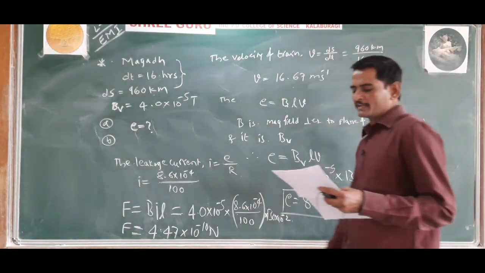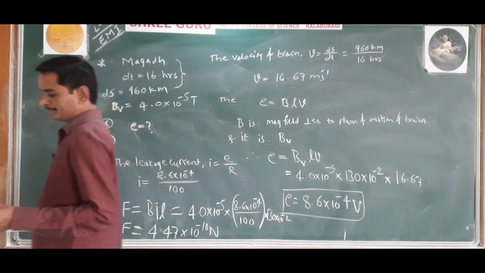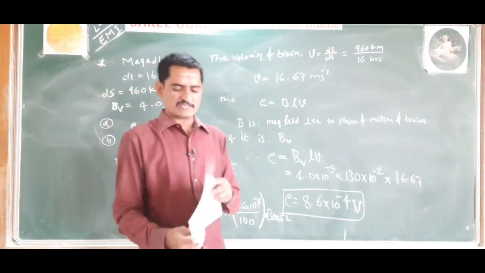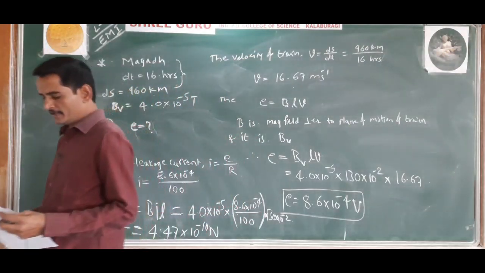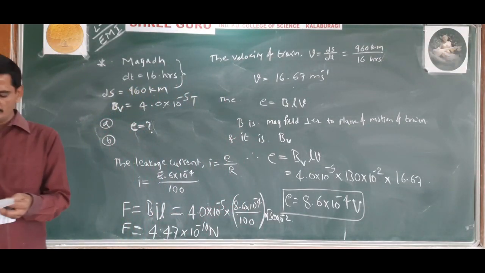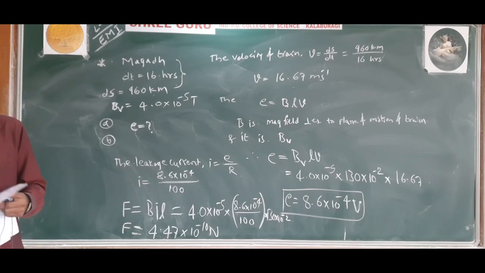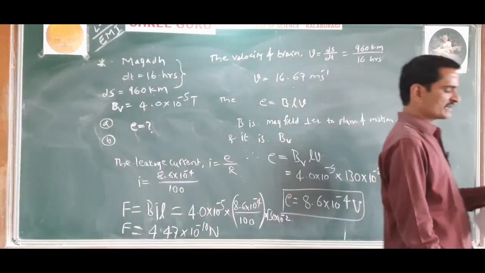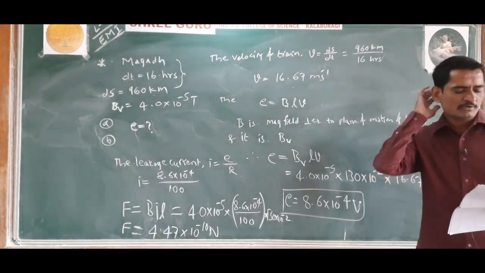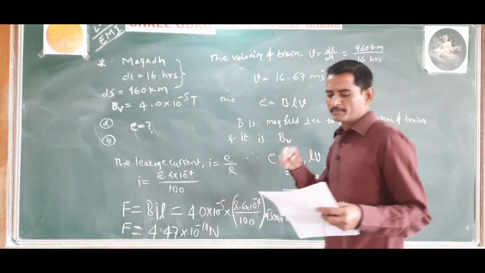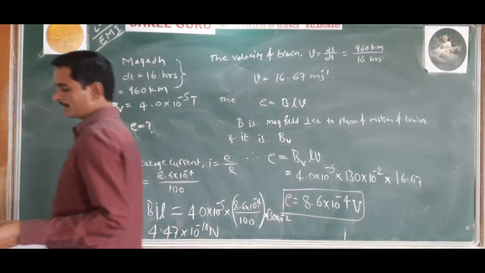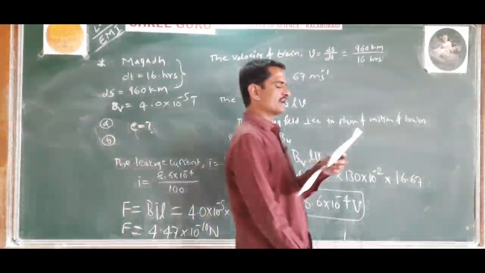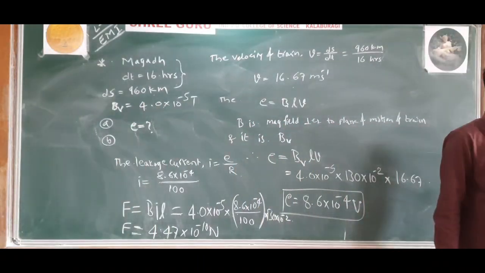Write down: A jet plane is traveling towards west at a speed of 1800 km per hour.